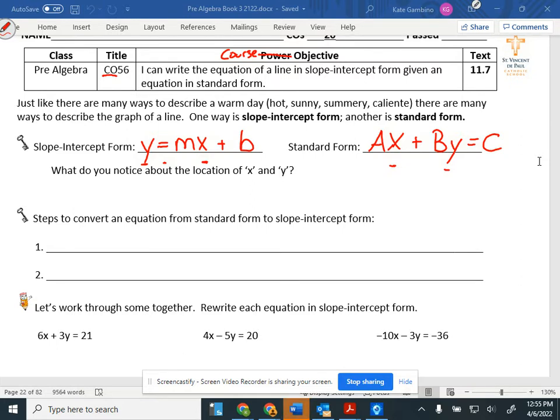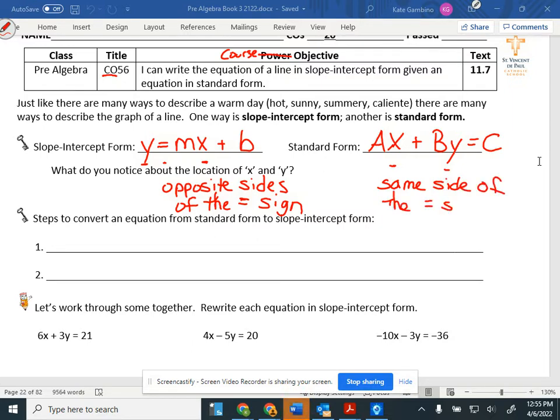So the difference is opposite sides of the equal sign, and this one is same side of the equal sign.